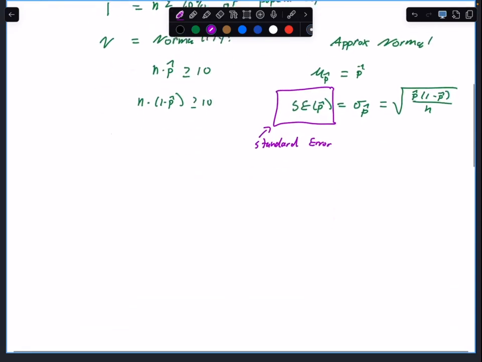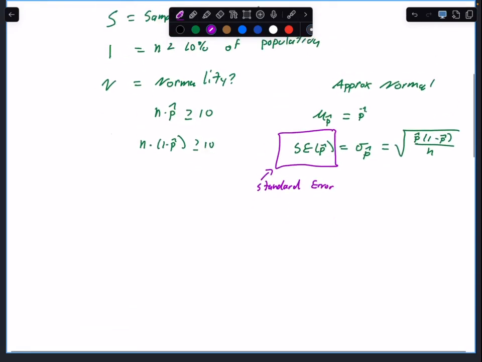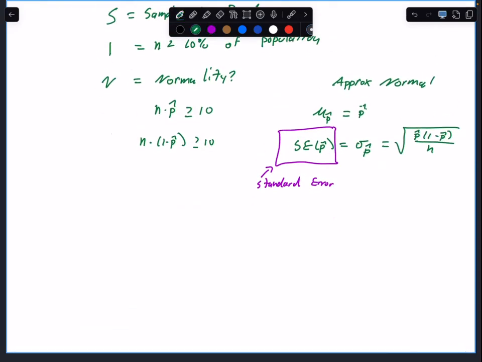When we do this, we can then create an interval. And the formula for the interval, this is one of the first times you'll see the formula. The formula for the interval is p hat plus or minus, and I'm going to put this in a different color here, z star.